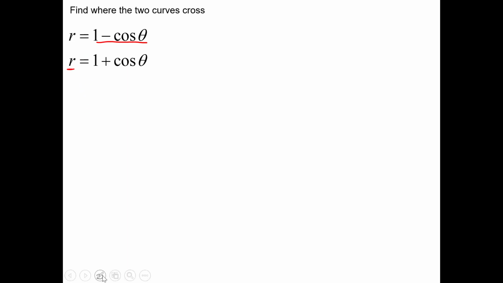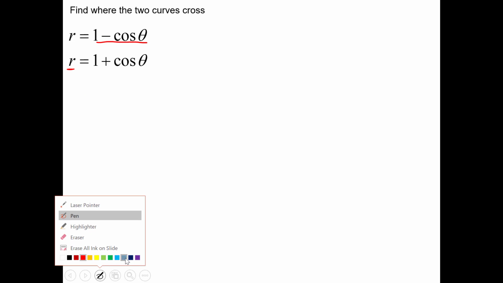And so then we end up with the equation 1 minus the cosine of theta is equal to 1 plus the cosine of theta. If we subtract 1 from both sides and add the cosine of theta to both sides, we get that the cosine of theta is equal to 0.